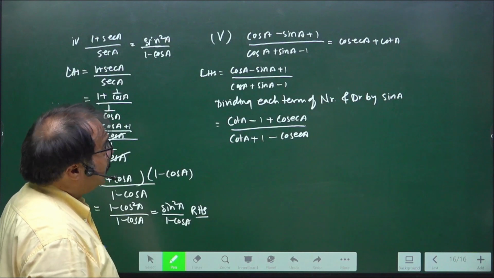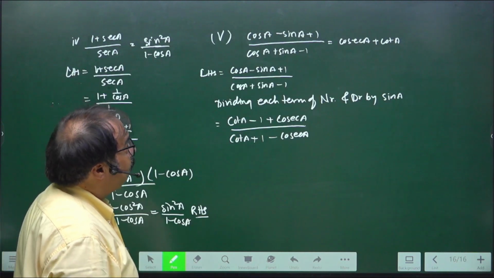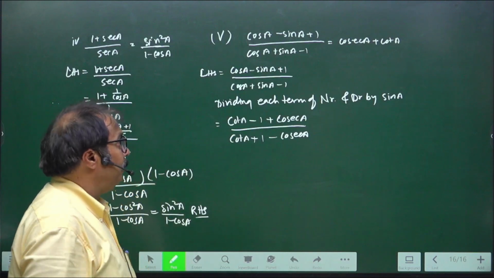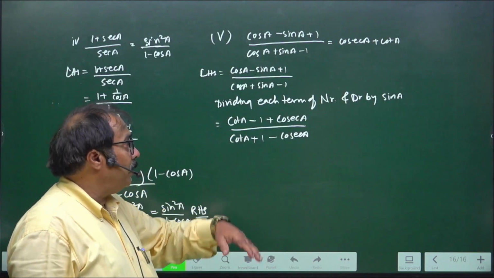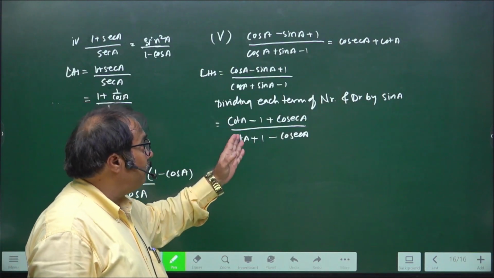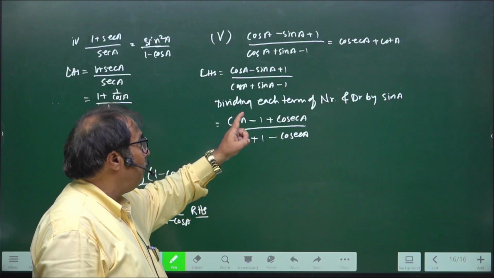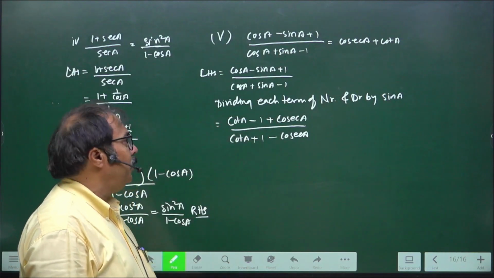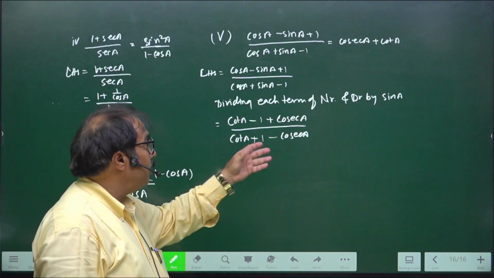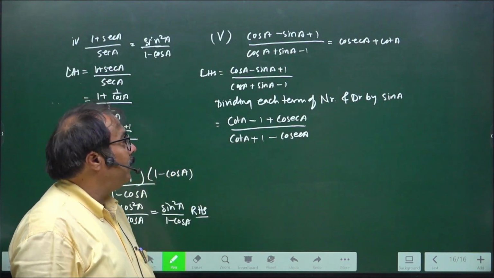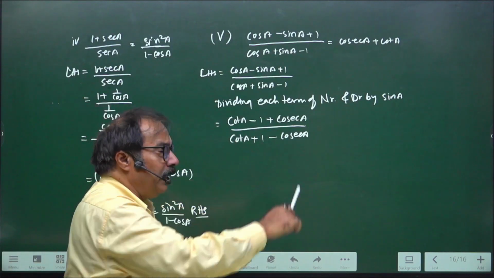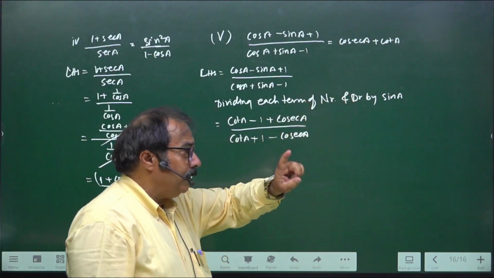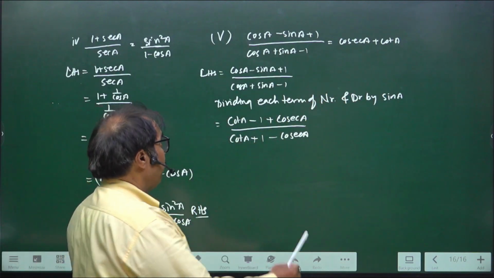Now, see, we have to prove that cosecant A plus cot A means the denominator is 1. So we will put the value of 1 in terms of cosecant and cot in the numerator, and don't disturb the denominator because the denominator should cancel out. In the proof, the denominator is 1, right? So be careful here.